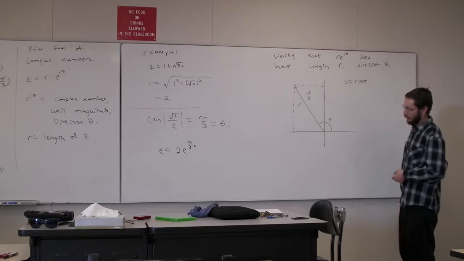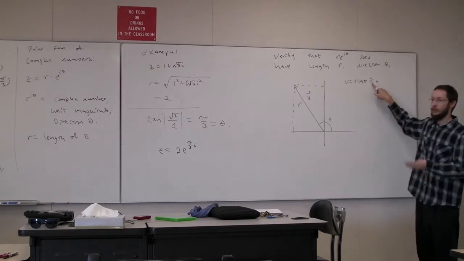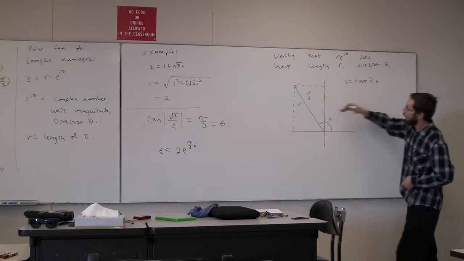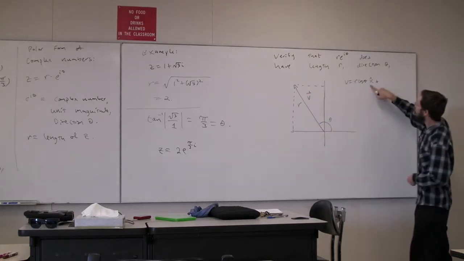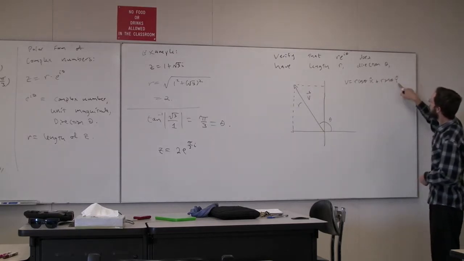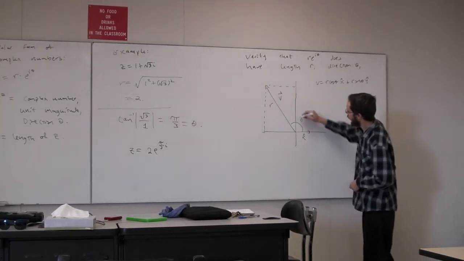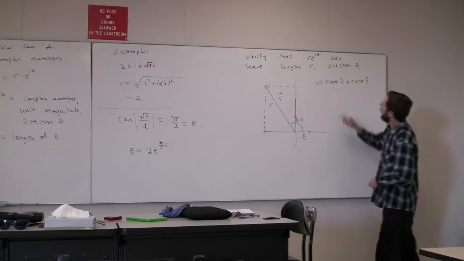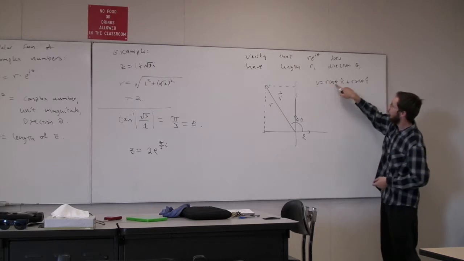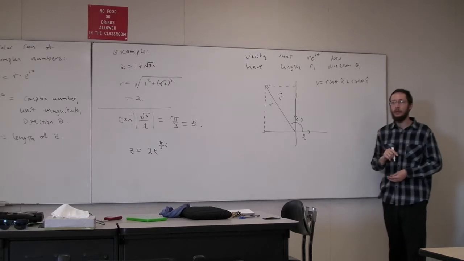Think of x hat as a unit vector in the x direction. So v is r cos theta x hat, the projection onto the x-axis, plus r sin theta y hat, where y hat is a unit vector in the y direction. So here's our x hat and our y hat. This says v decomposes into an x direction and a y direction: r cos theta is how much is in the x direction, and r sin theta is how much is in the y direction.